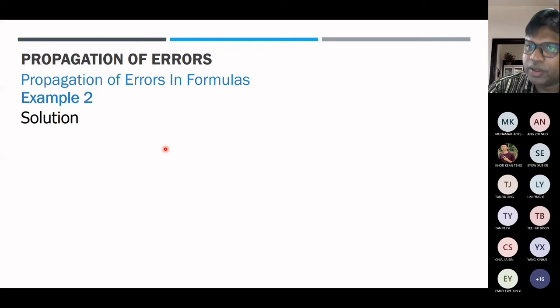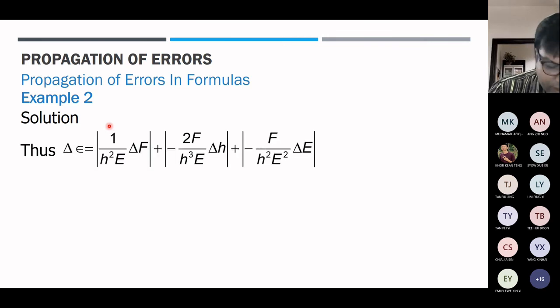First of all, what you need to do is write the formula, which is the change, delta strain function. The delta strain function is E, and then you determine each term here.